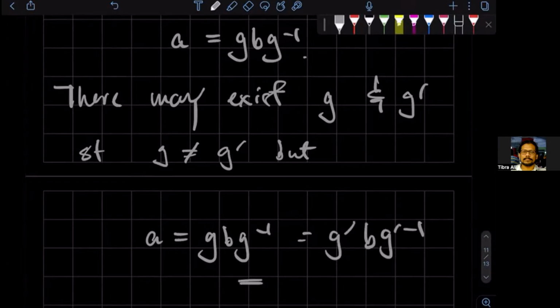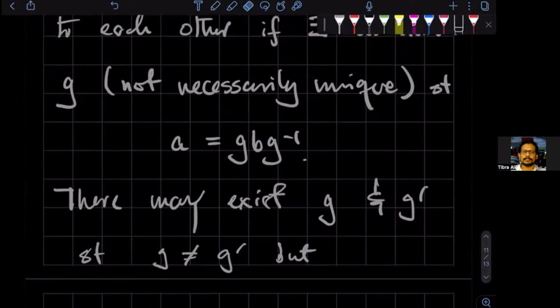That is possible, but the main thing is that if two elements are related by this relationship, they are called conjugate elements.